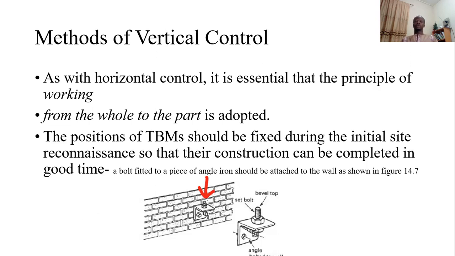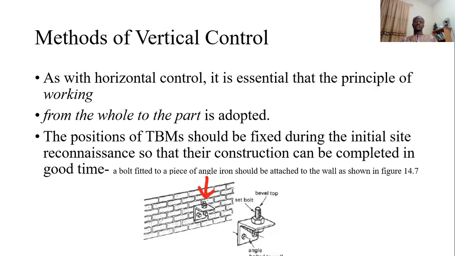Where you put it is even more important than the value you associate with it. In other words, you put a mark there, then you level to the point to give it a height value with reference to the datum, the MSL. Is that okay? All right.